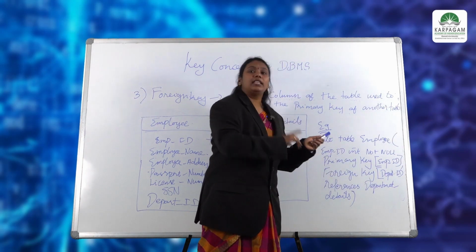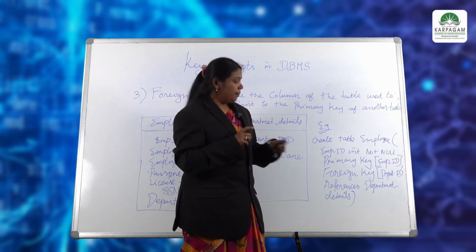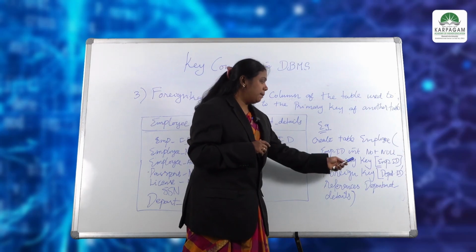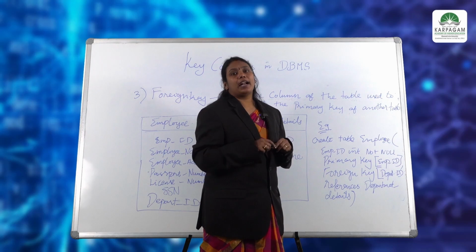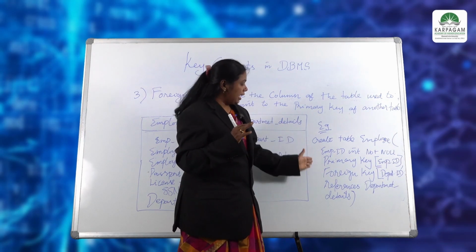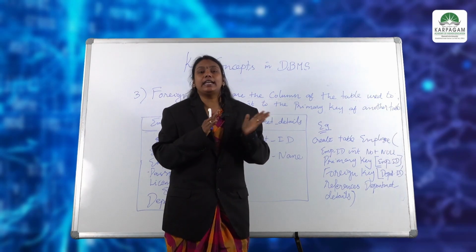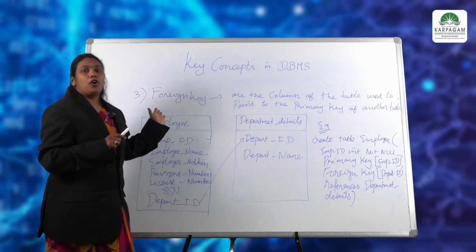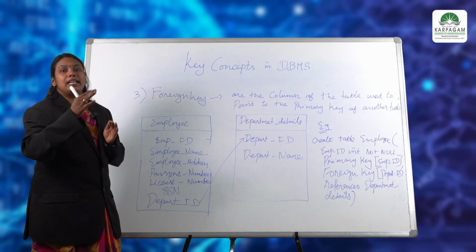Also in the department details table we can give a primary key, and the employee ID refers to the department ID as the foreign key. So the reference to the department details is called a foreign key. This is the type of concept we can use in a SQL query to relate one table to another table. That is the foreign key concept, mainly representing the column relationship.